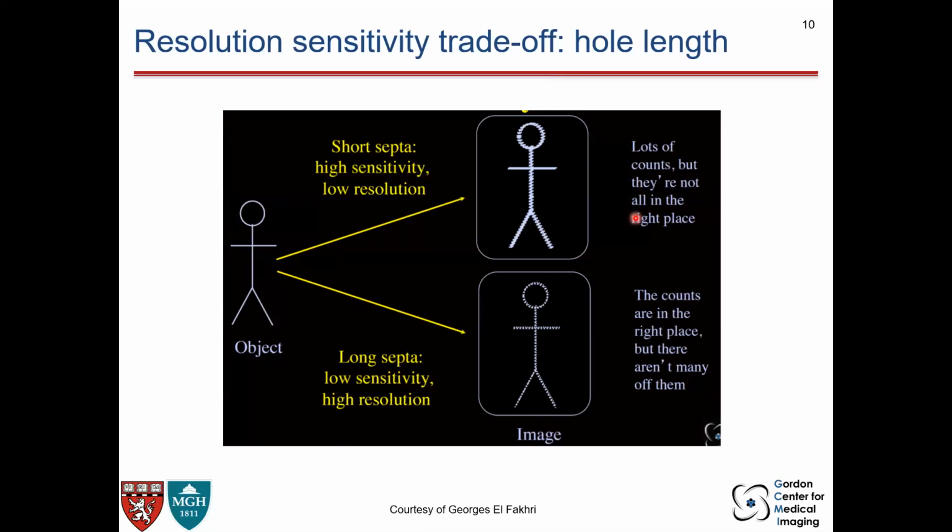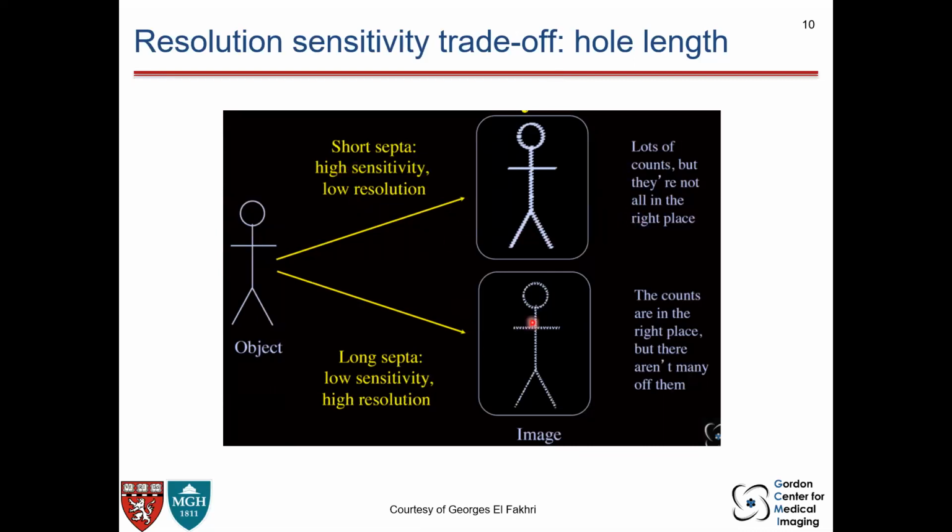Again, this is another way of representing the trade-off between resolution and sensitivity. Maybe I'm focusing too much on this, but this is what you will hear more and more when you listen to talks and lectures at conferences, because there is always a resolution and sensitivity trade-off, and typically it's very hard to achieve both at the same time without increasing the system cost by a large factor.